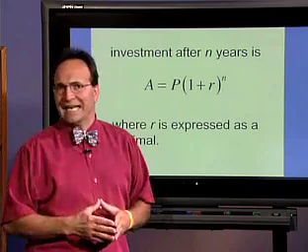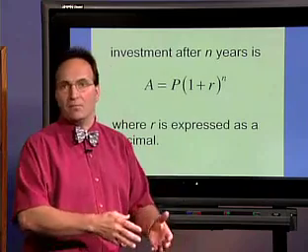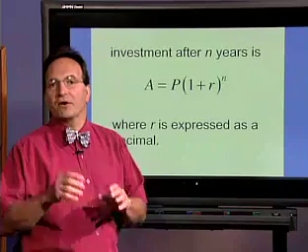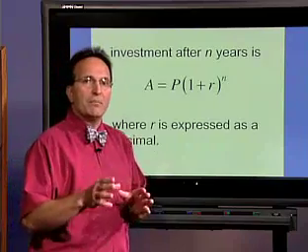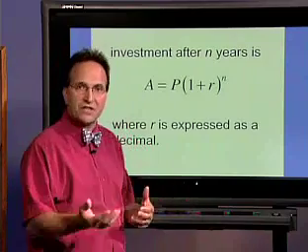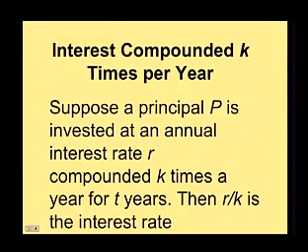You've probably seen ads for investments where they say that it's compounded monthly or maybe daily. We can modify this formula for interest compounded K times per year instead of just annually. So let's take a look at that formula. Suppose a principal P is invested at an annual interest rate R compounded K times per year for T years.